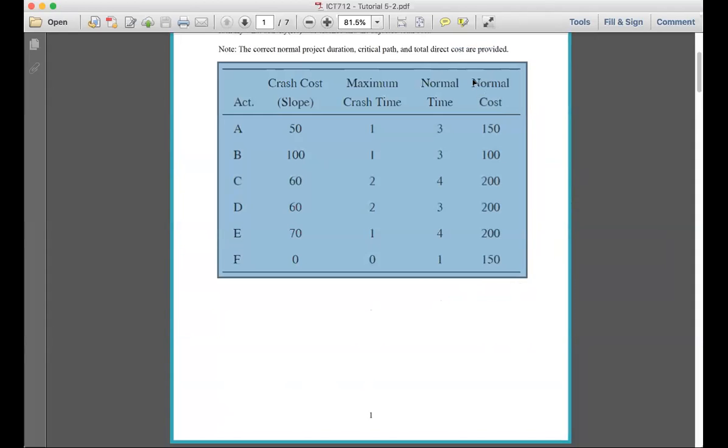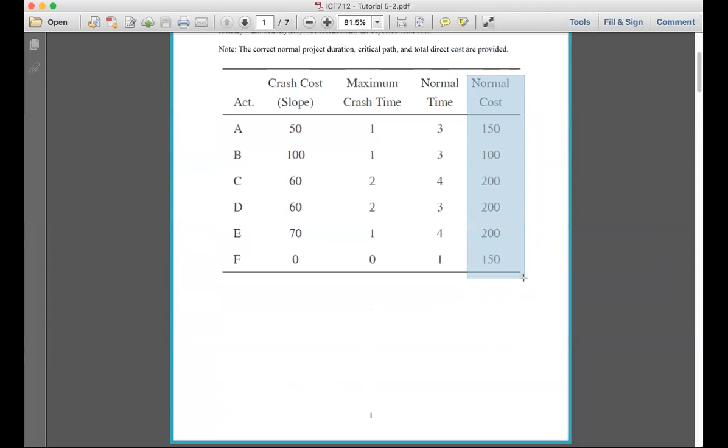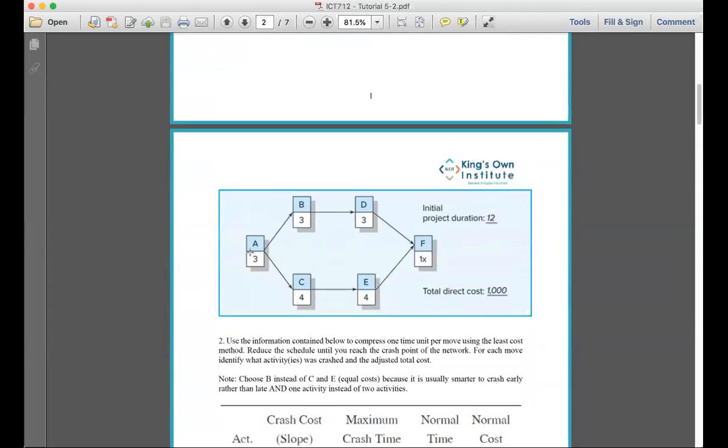So if you add all of these costs together, my friend, what total would you get? 1,000.